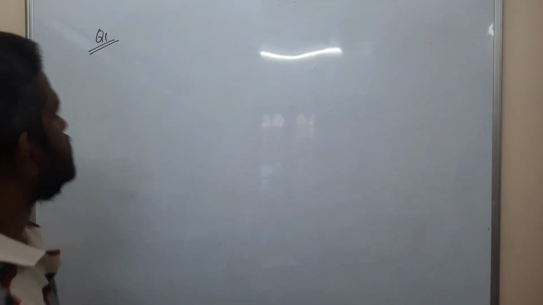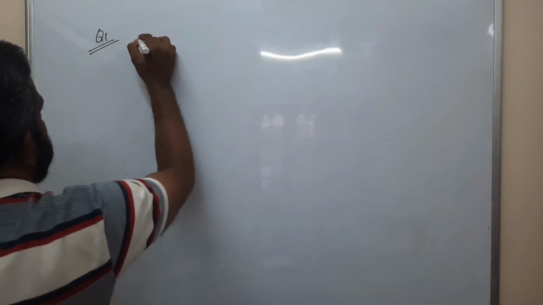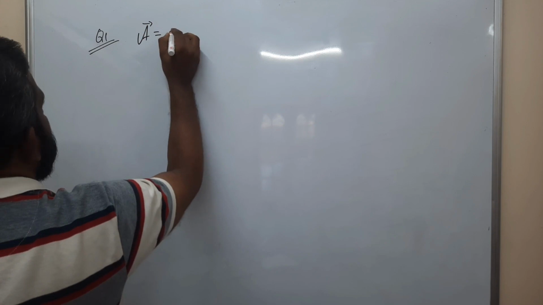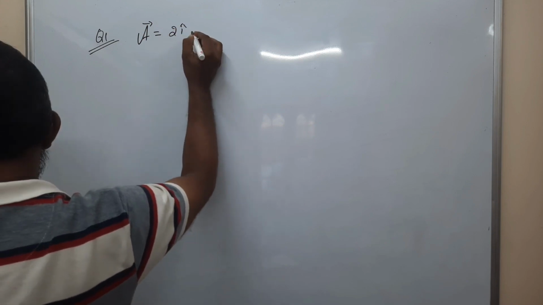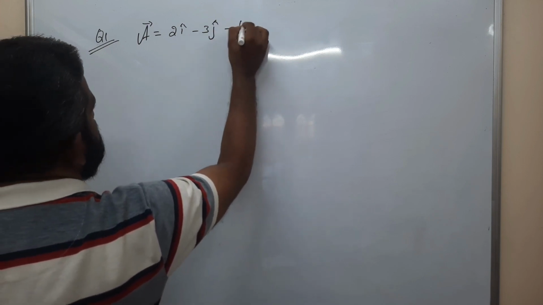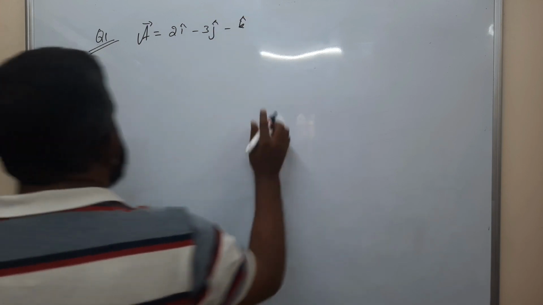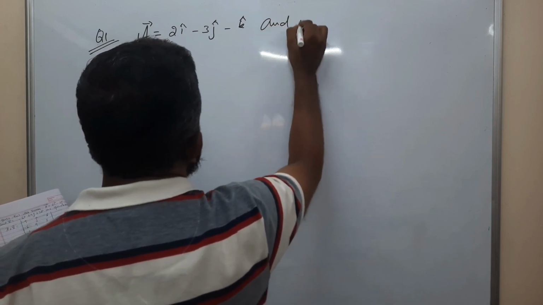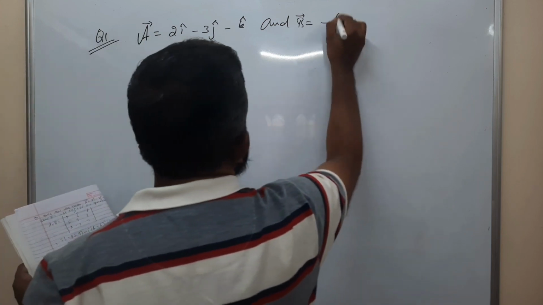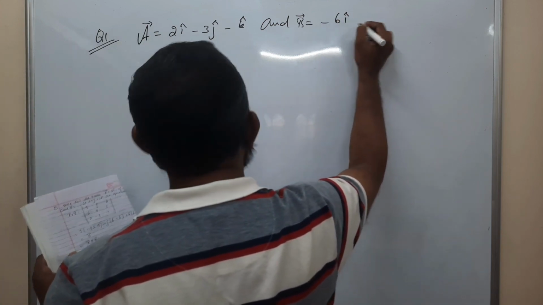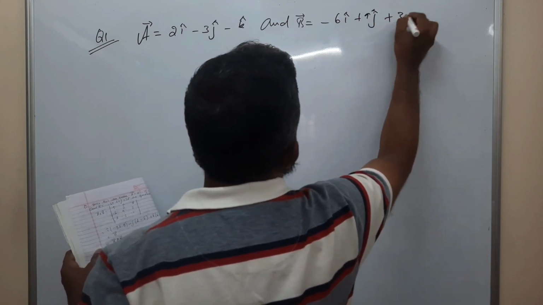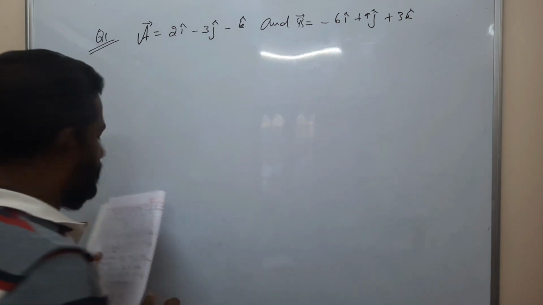Prove that the vectors A vector is equal to 2i cap minus 3j cap minus k cap, and b vector is equal to minus 6i cap plus 9j cap plus 3k cap are parallel.